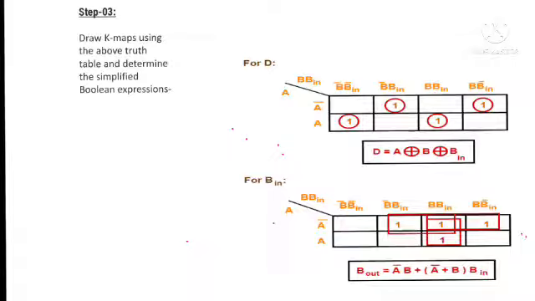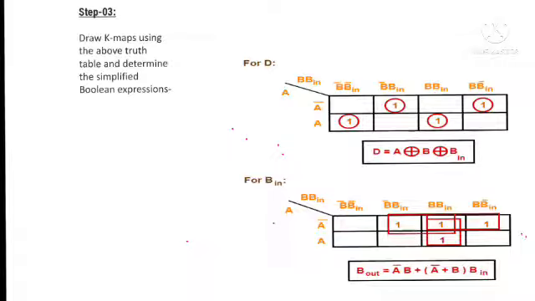And at second position we get as A bar, B bar, B in. And at third one we get as A, B bar, B bar in.